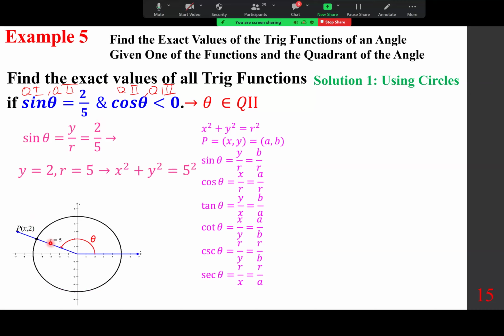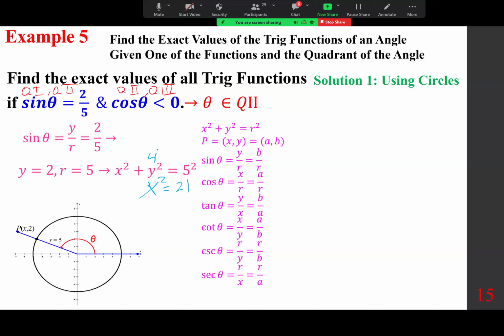When we plug in, 2 squared becomes 4, and r squared is 25. 25 minus 4 is 21. My apologies, that's x squared. Y squared is 4, x squared is 21.